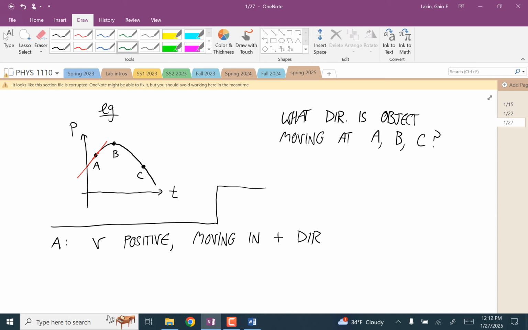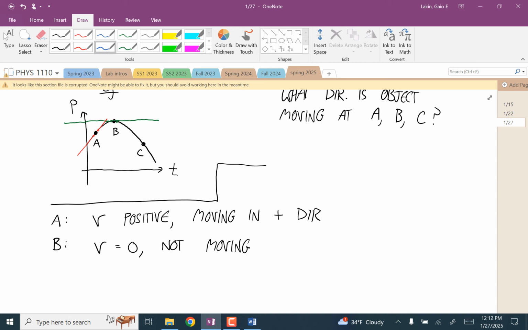Now let's think about this point B. I'll draw the 2 nearby points on the graph, draw the line through them. Is the slope of that line positive, 0, or negative? 0, yep. So velocity is equal to 0. So velocity equals 0 means that it's not moving. So it's just sitting there wherever it is.